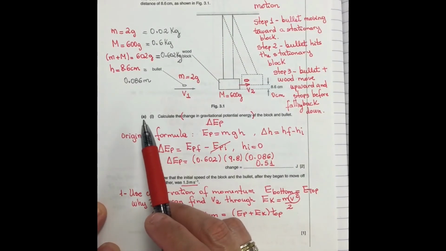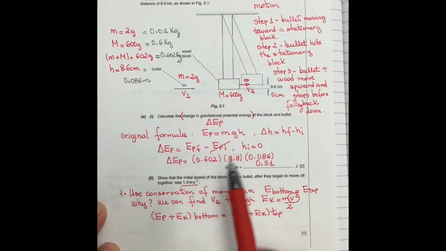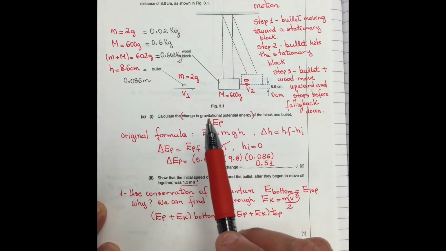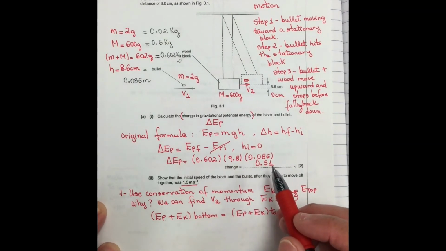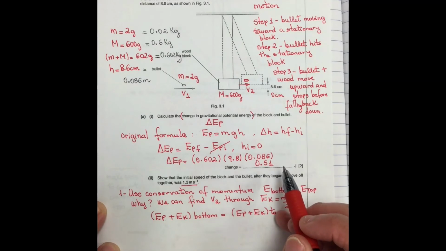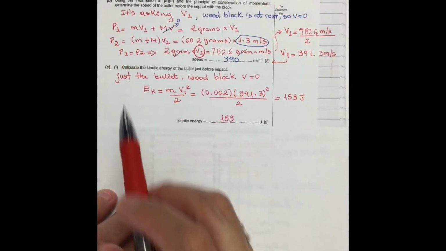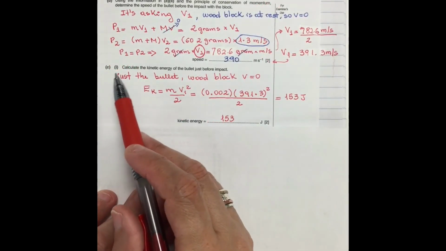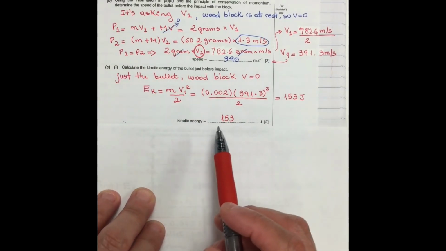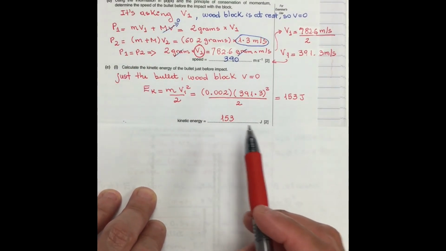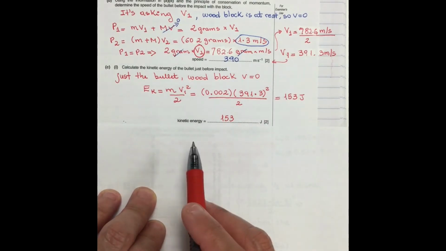For question A I, we calculated the energy just using the change in gravitational potential energy, which the result was 0.51 joules. However, at C I question, the kinetic energy is 153 joules.